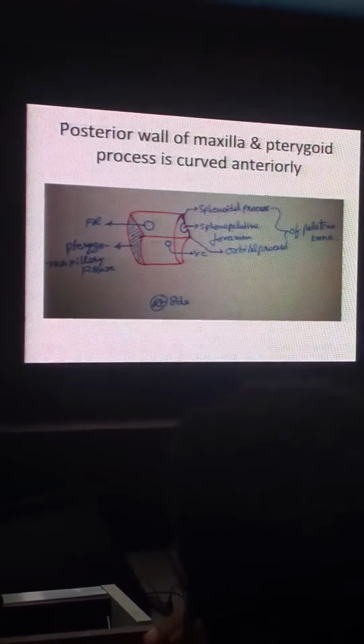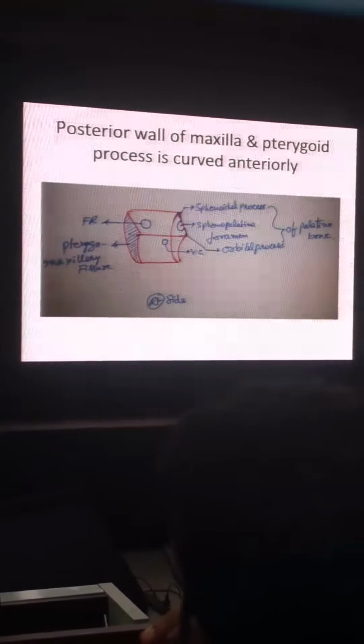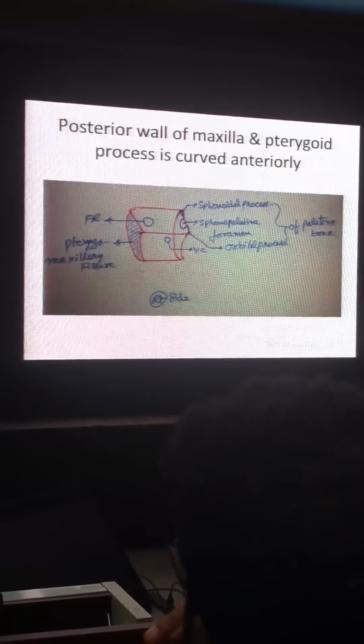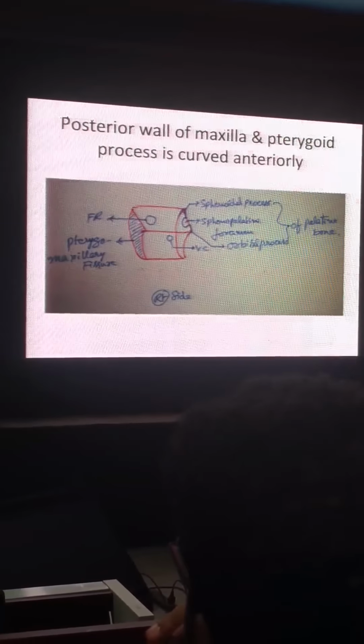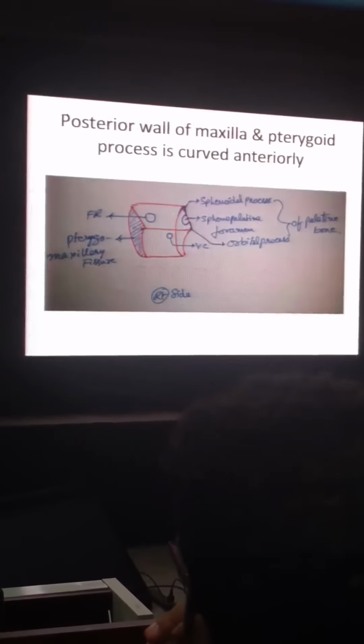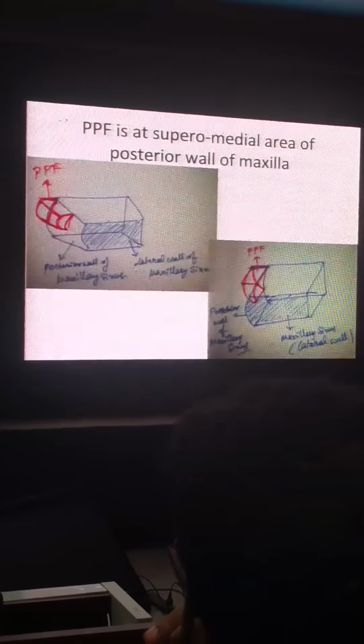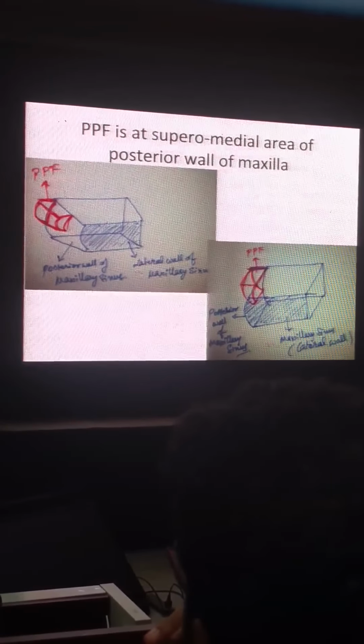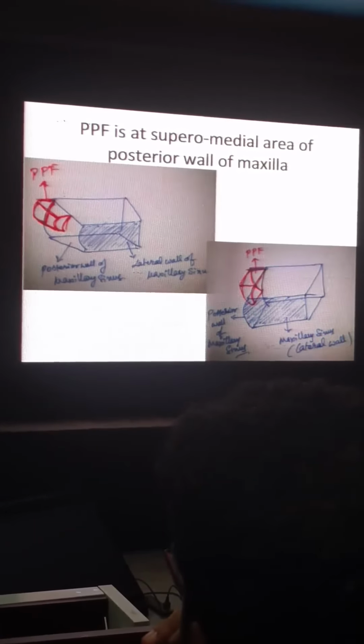Pterygopalatine fossa. The medial one is the sphenoidal process and orbital process of the palatine bone. This is the pterygomaxillary fissure. From back to front, we are getting V2 and the medial nerve. The superior medial part is only the pterygopalatine fossa.